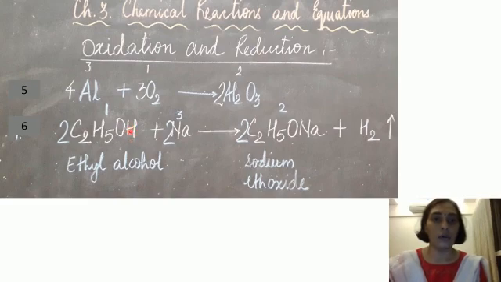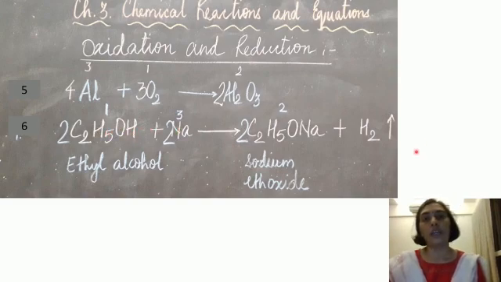If you just skip the hydrogen from here, you get your product C2H5ONa, and this hydrogen gets liberated over here. So according to the second part of our definition of oxidation reaction, that is removal of hydrogen, here from the reactant, hydrogen is getting removed. Sodium, being a very reactive metal, removes hydrogen and takes the place of hydrogen, and so it is removal of hydrogen. So hydrogen gas is given out.